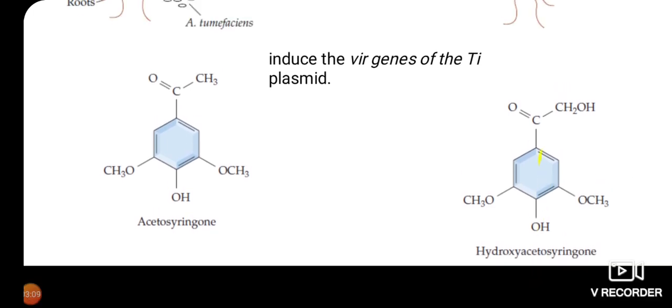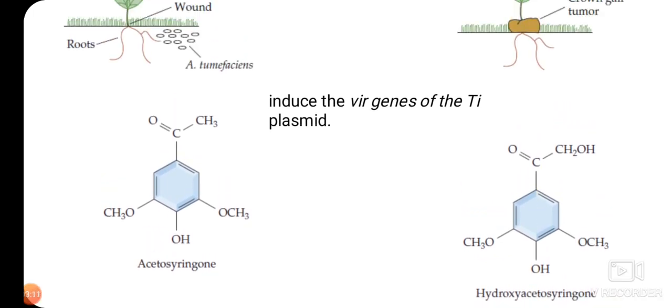These molecules are very important because they act as chemotactic substances which attract the bacterium present within the soil, and thereby the bacterium travels towards the source and infects the plant. Once it infects the plant, it transfers its DNA and develops the crown gall.